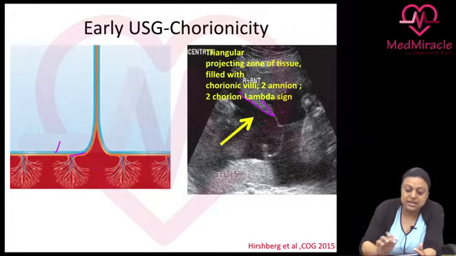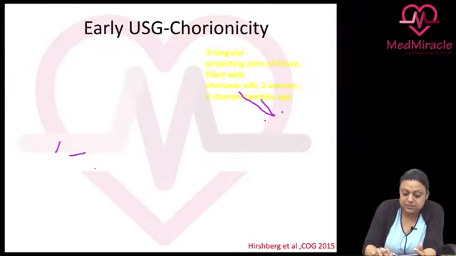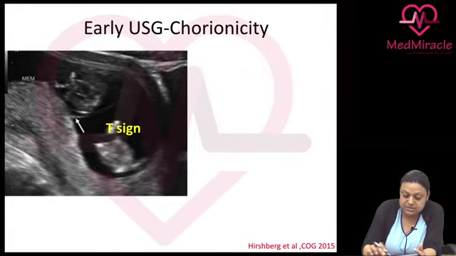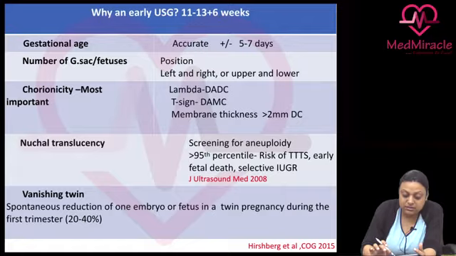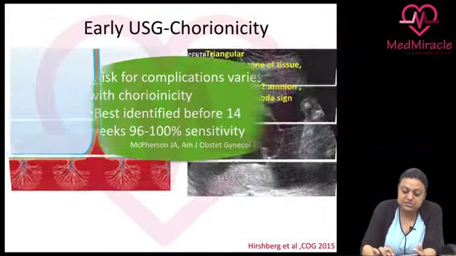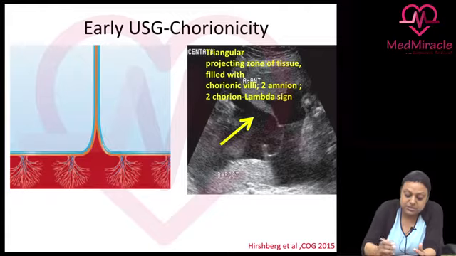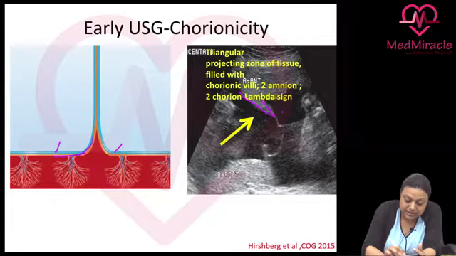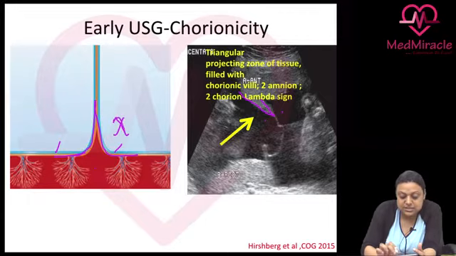So this lambda sign basically helps us determine the chorionicity. If there is a lambda sign, as you see in this figure, between the blue, which is the amniotic membrane, there is an intervening chorionic layer, and this sign is known as the lambda sign.